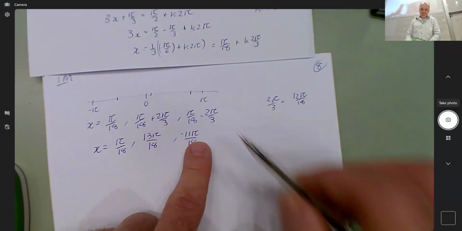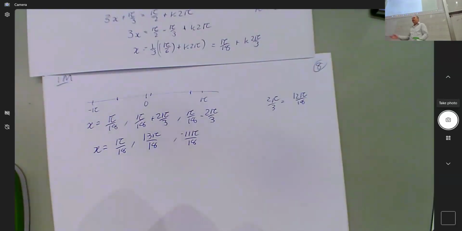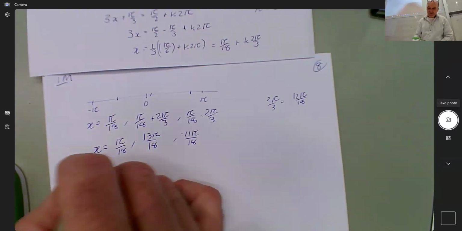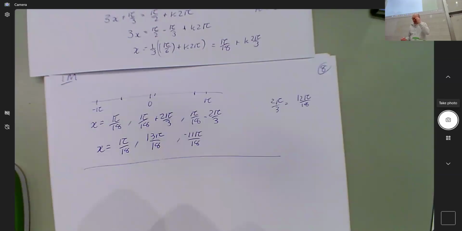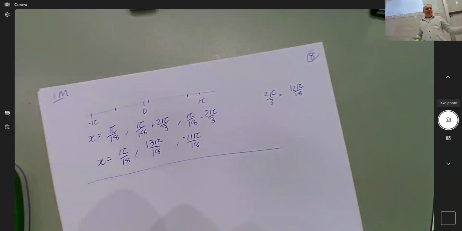That's more than 1. If I took another 12, that would be minus 23 on 18. That's less than minus 1. It's outside the range. So I've done a little bit of checking to make sure I've got the values that I want. Okay, loving the plan. Sweet.